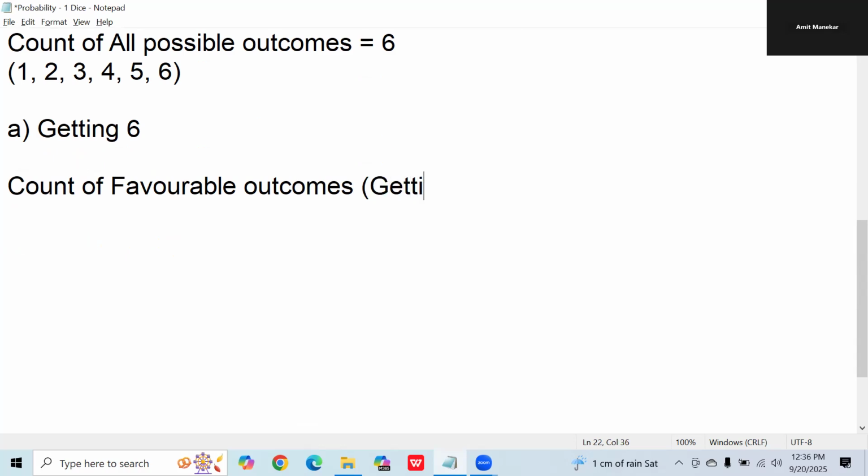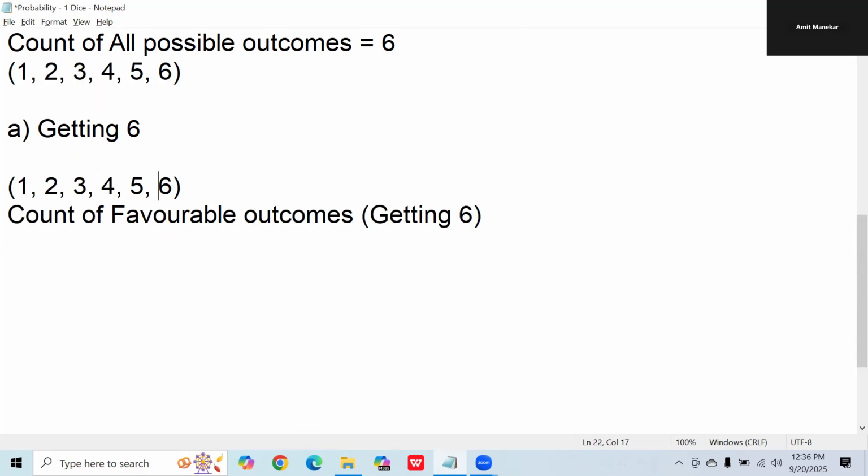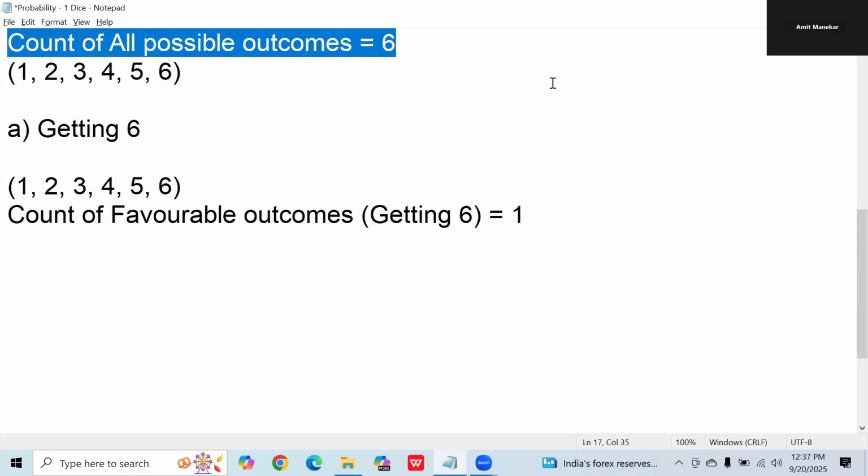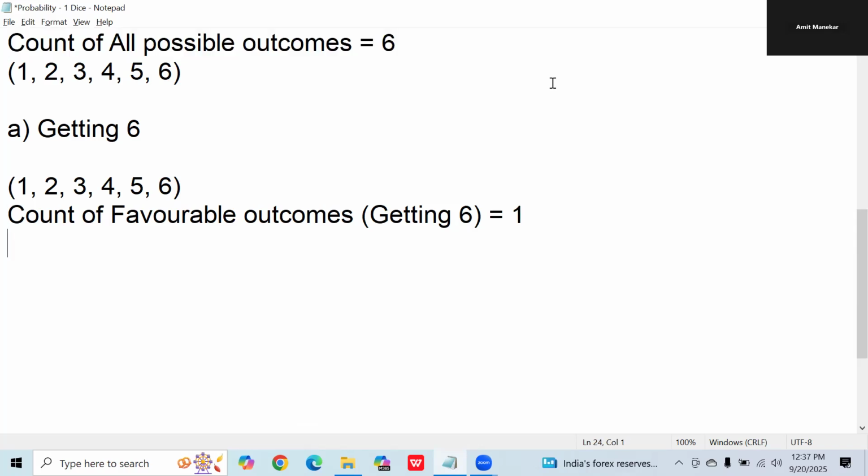We have total these 6 things we can get, out of which only this one is favorable for us because we want 6. So out of these 6, this is the only one which is favorable for getting 6. So the count of favorable outcomes is 1. And we already know the count of all possible outcomes, that is 6.